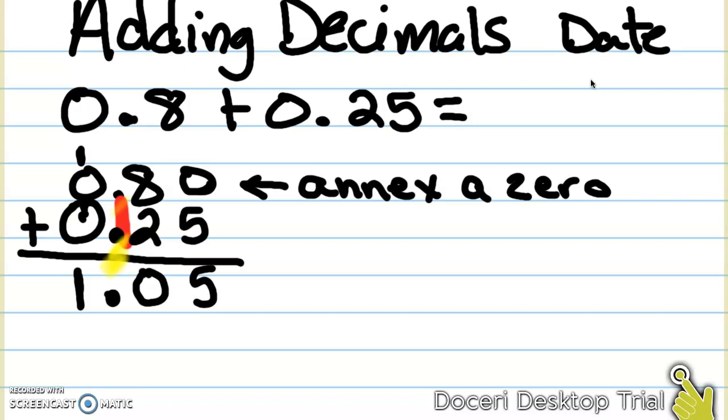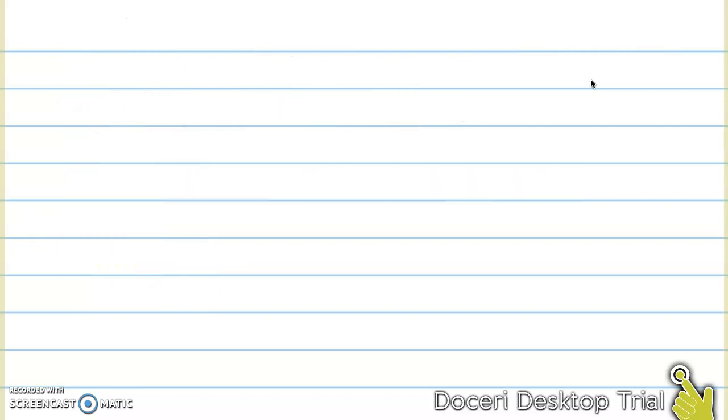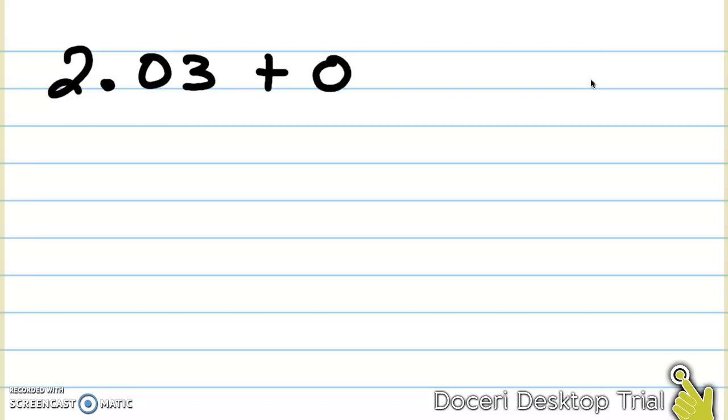Let's try another one. I'm turning my page. You still have room on your notebook, so you're going to leave it. So let's do 2 and 3/100 plus 6/10. So this time we have it like that again.